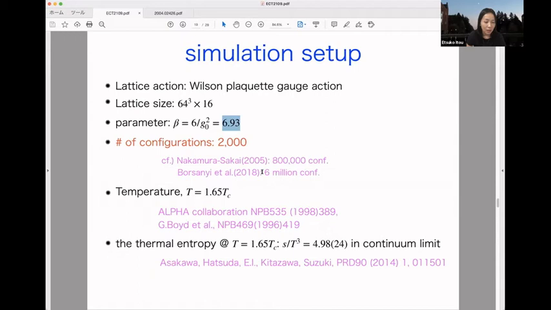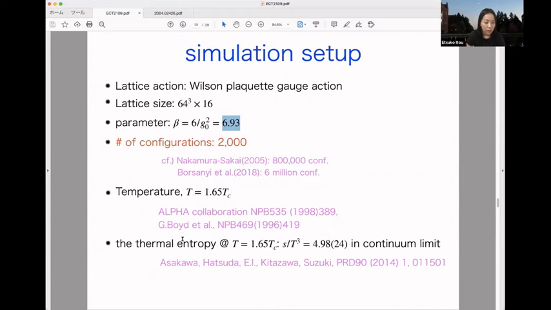And actually, they take the continuum limit, so in total they generated many more configurations. This lattice parameter corresponds to this temperature.